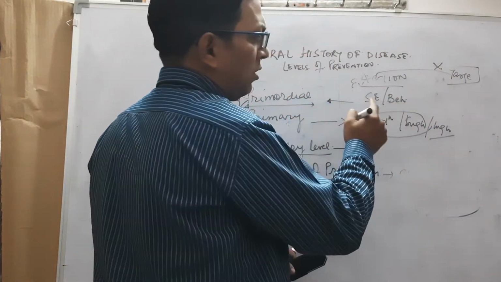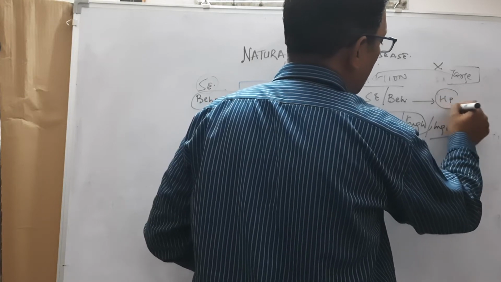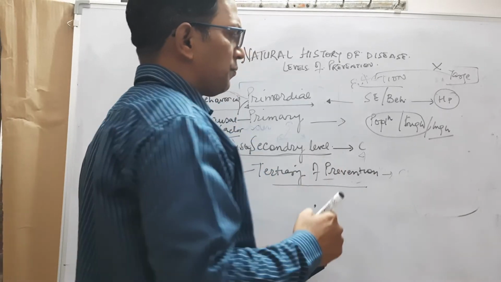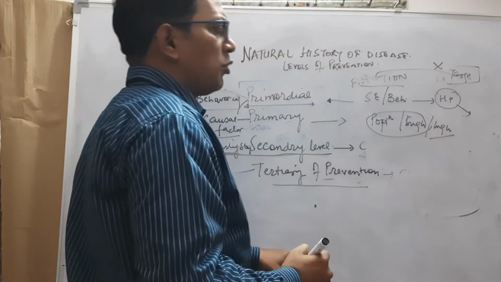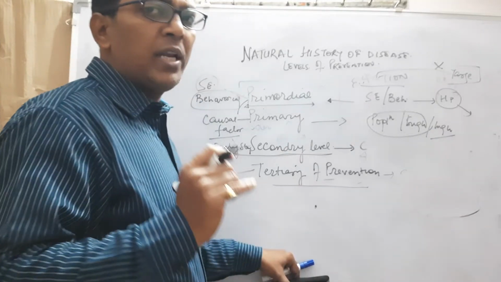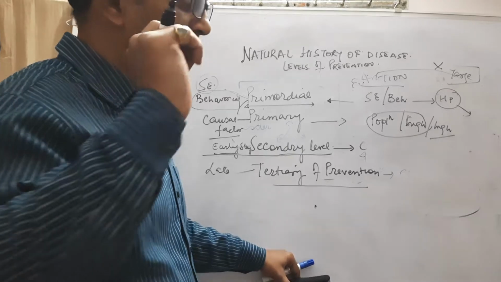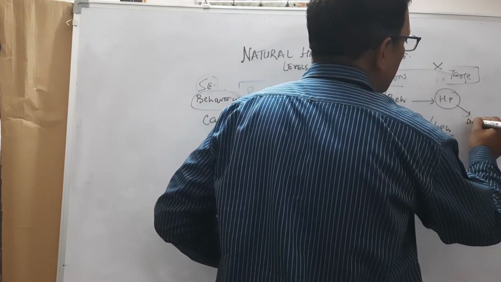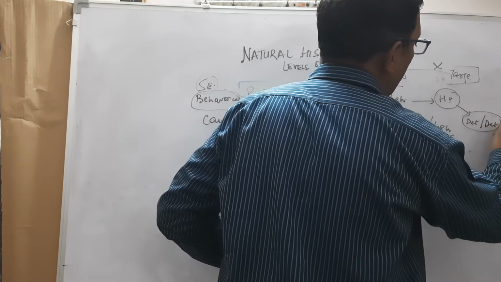What do I do here? I talk basically about health promotion. Now, what does health promotion consist of? Health promotion is nothing else but enabling people to take control over all the factors which determine health, the factors and determinants of health.